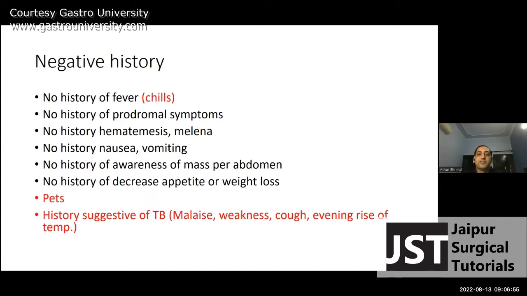And any awareness of a lump or mass in the abdomen, to rule out whether any mass is there or not, any gallbladder or liver mass he can feel or not. And decreased appetite and weight loss to rule out any malignancy.